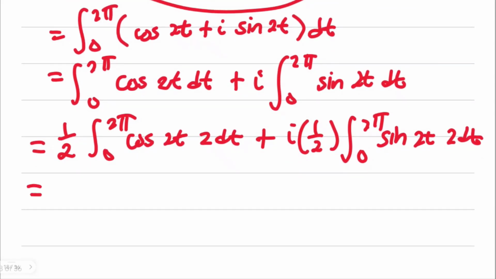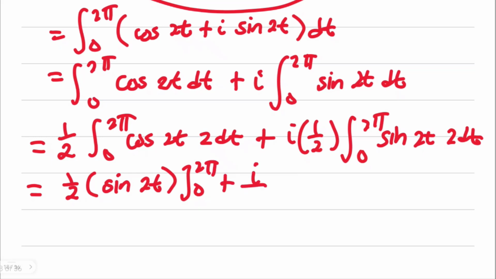Anyway, you have here 1/2, and the integral of cosine 2t is actually sine 2t from 0 to 2 pi, plus i over 2. The integral of sine 2t is negative cosine 2t from 0 to 2 pi as well.